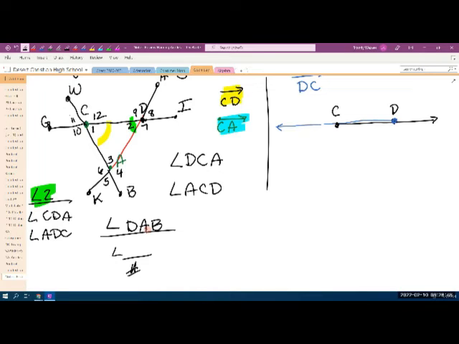Katie. Angle 4. Is angle 4 DAB? DAB. This angle right here.